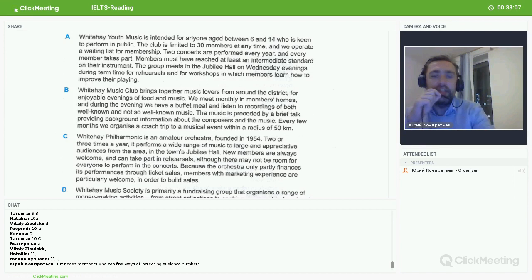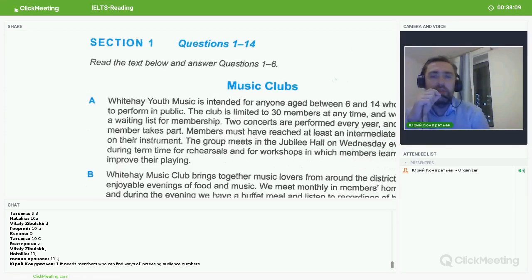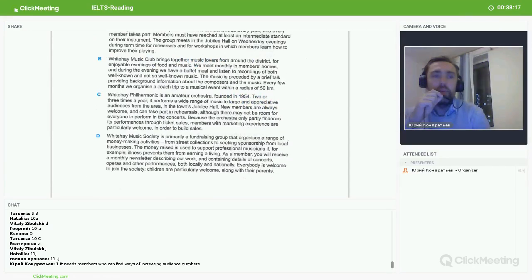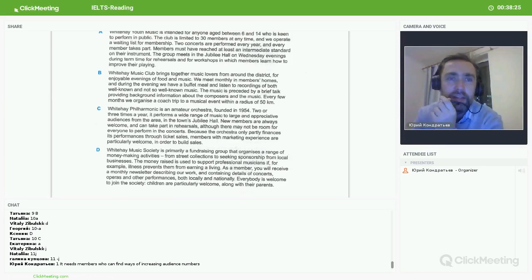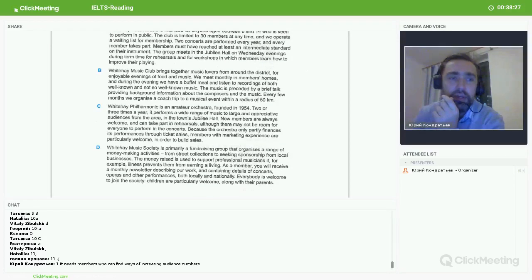Please find the text. So which text? Sorry, just 1 second. Please find the text and tell me which are the synonyms for the keywords. So the sentence is in the chat: it needs members who can find ways of increasing audience numbers.